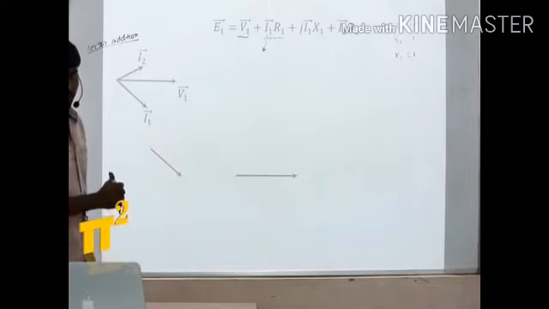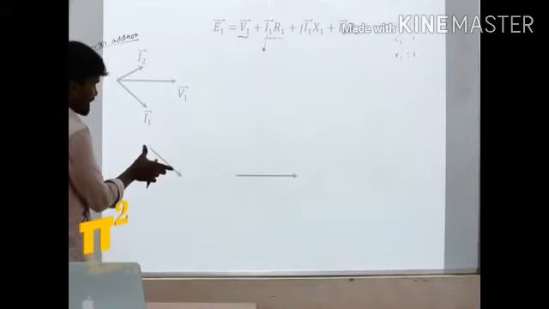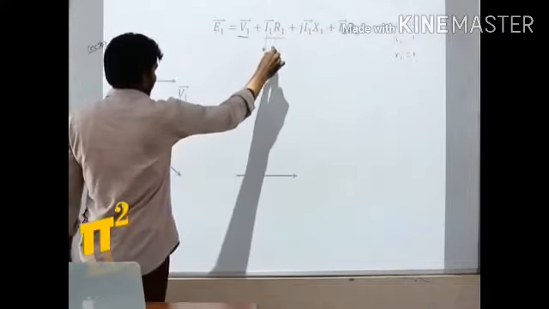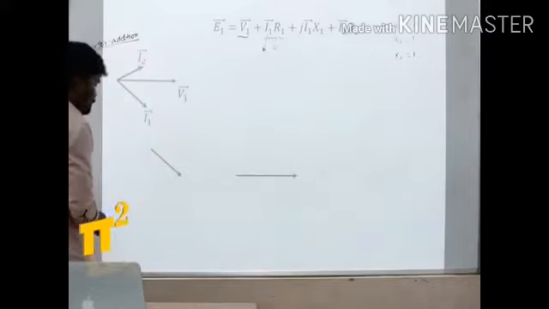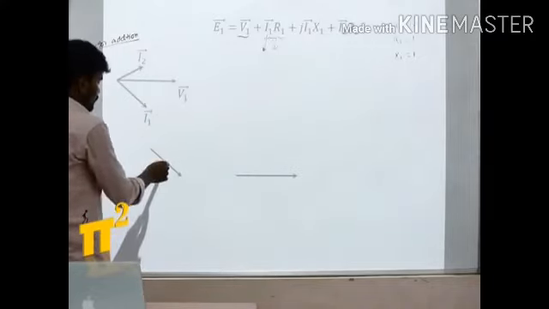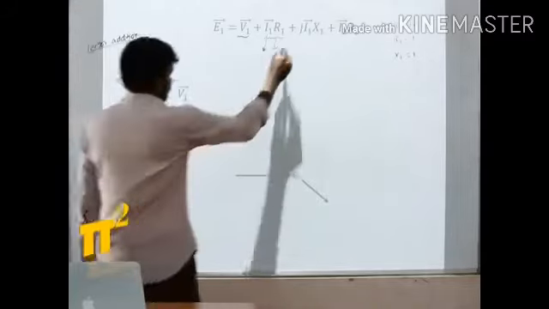If R1 is having 0.5 ohm, then this will be little shorter. As it is equal to 1, now it will be just same length. So this is R1 also included here. It's just a multiplication, length will change, that's it. So let's add.